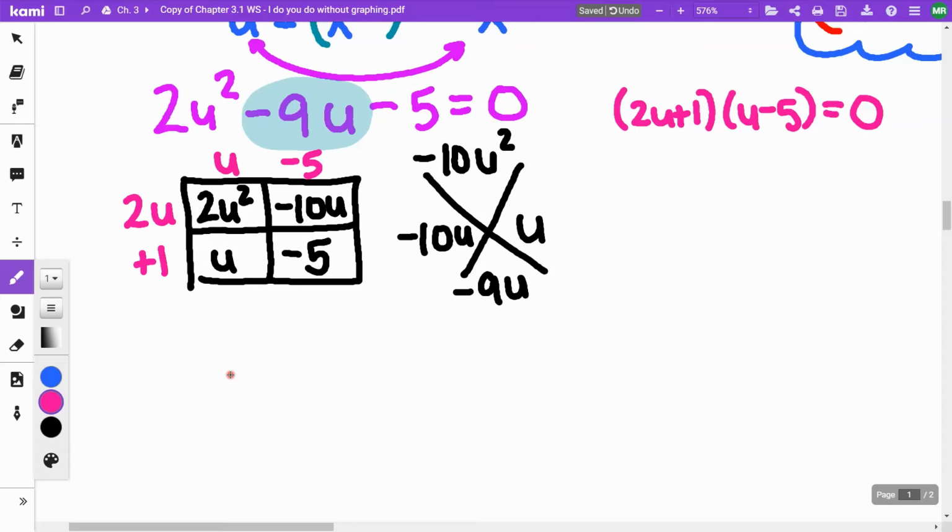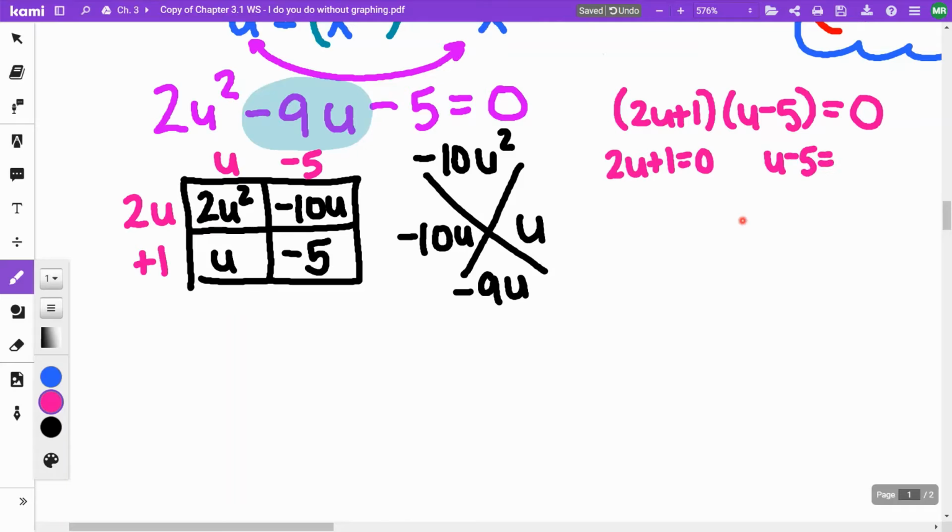What we do is we use the zero product property, because if I have two things multiplying together and I get 0, either this first parenthesis had to be a 0 or the second parenthesis. So I try to figure out what makes them 0. So I usually don't write this out, but I'm literally trying to solve that. What makes that 0? And then I'm doing the same here.